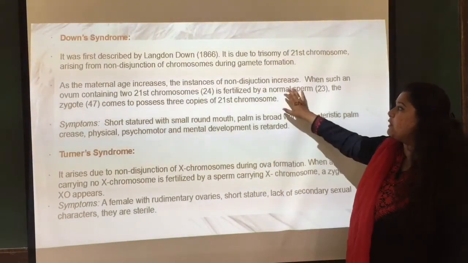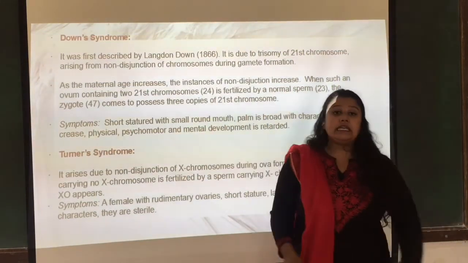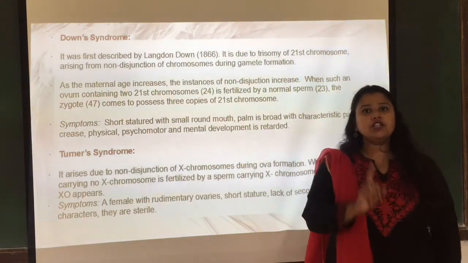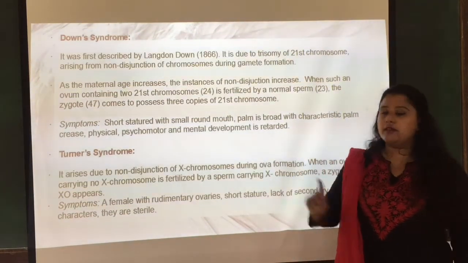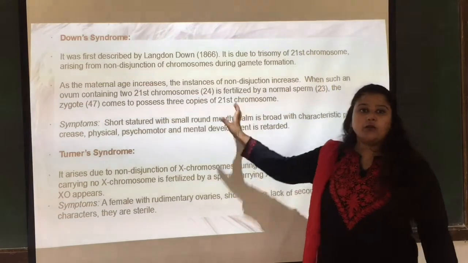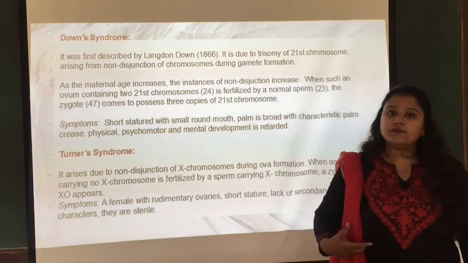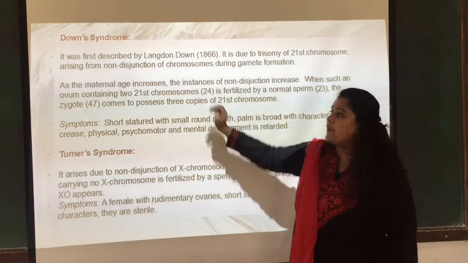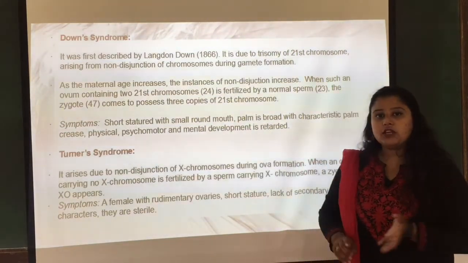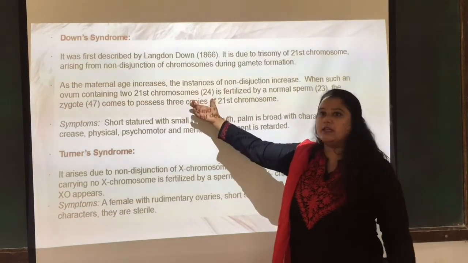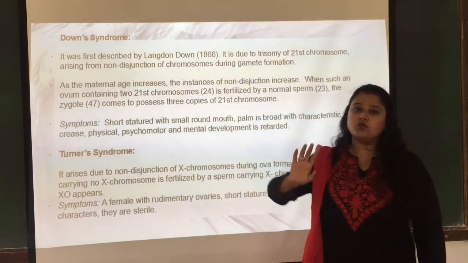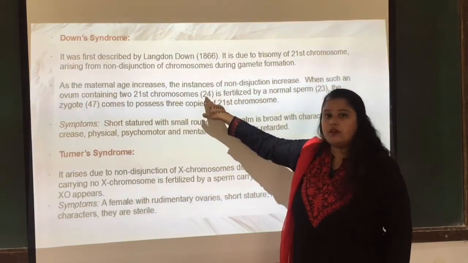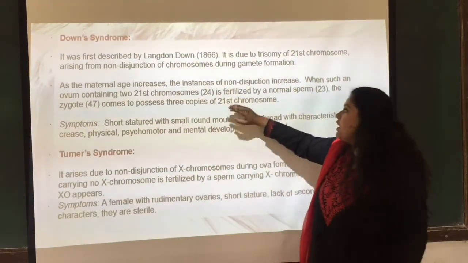What happens in here? The female is containing two 21 chromosomes. Instead of that, she should contain only one particular. Means the gamete which is formed, that is the ovum which is formed in the female, should contain only one 21st chromosome, right? But instead of that, 2 chromosomes are present. That means two 21st chromosomes are present. So instead it should be 23, but here it is 24.